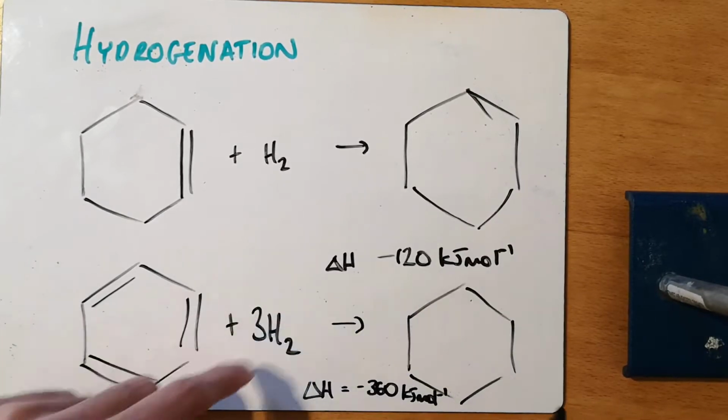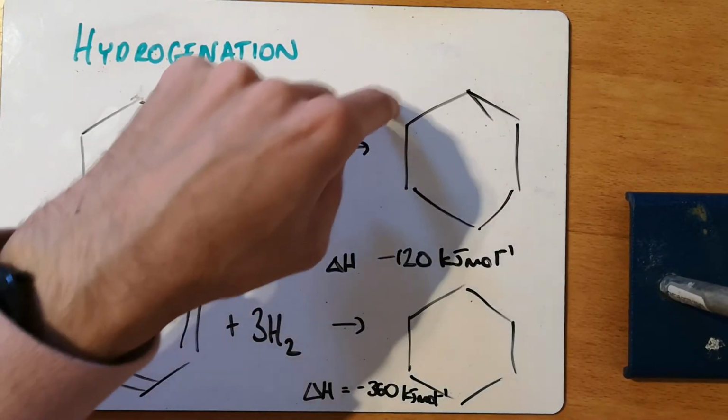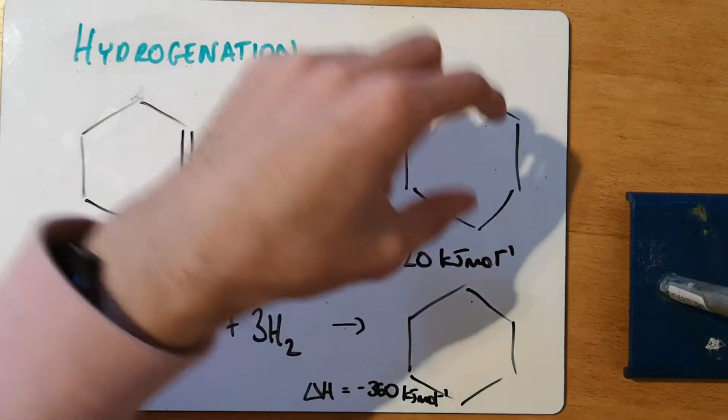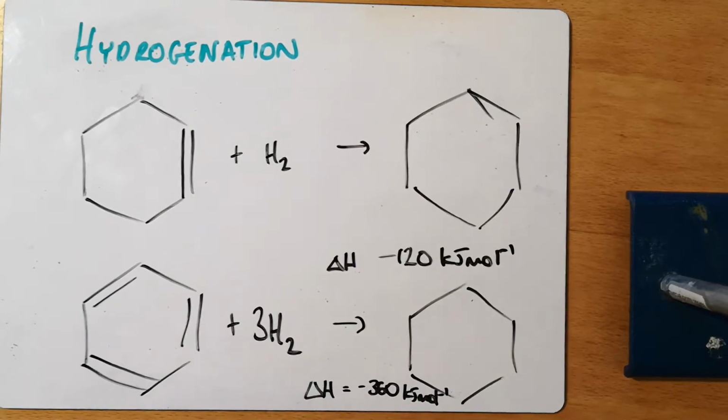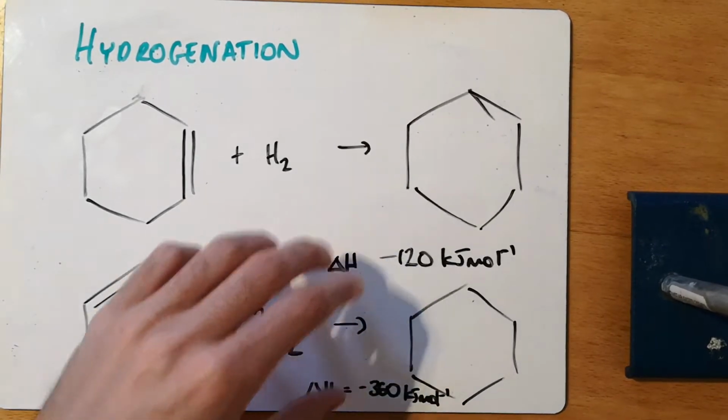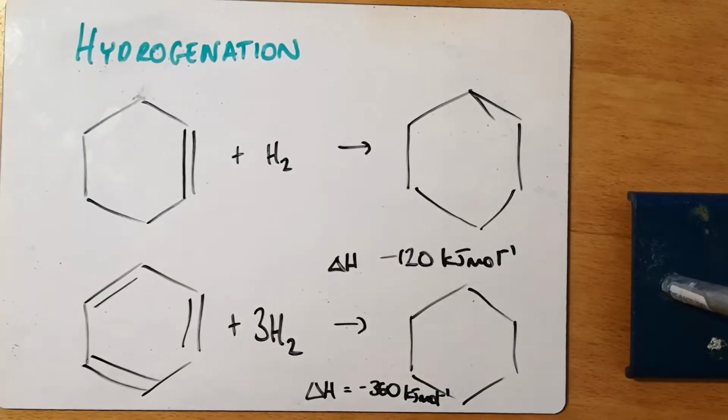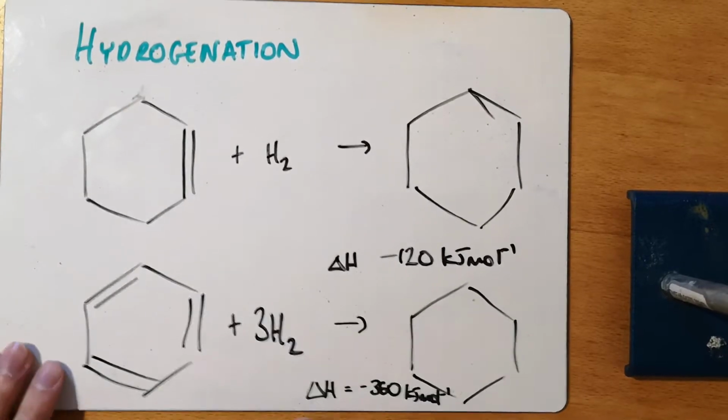It's just this reaction 3 times. The energy given off is these hydrogens joining on. In here, 2 hydrogens join there; in this one, every single carbon will get an extra hydrogen, so 3 times more than this one. We'd expect that, and that doesn't happen.